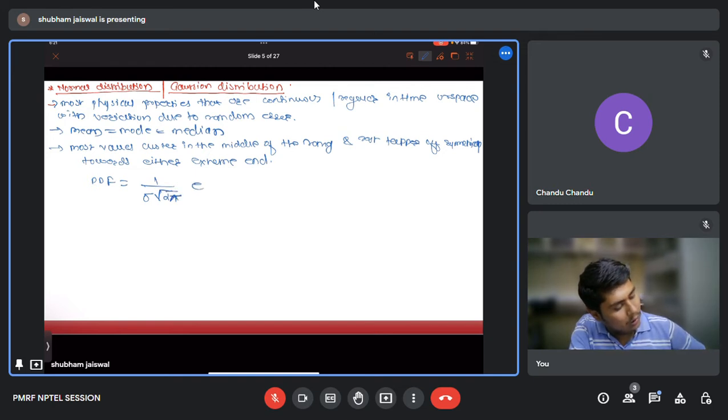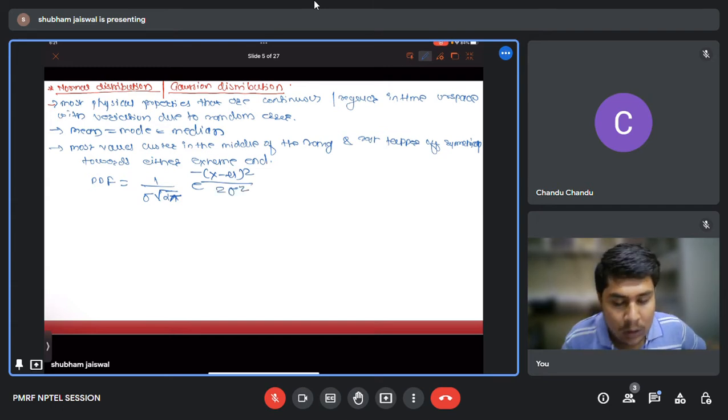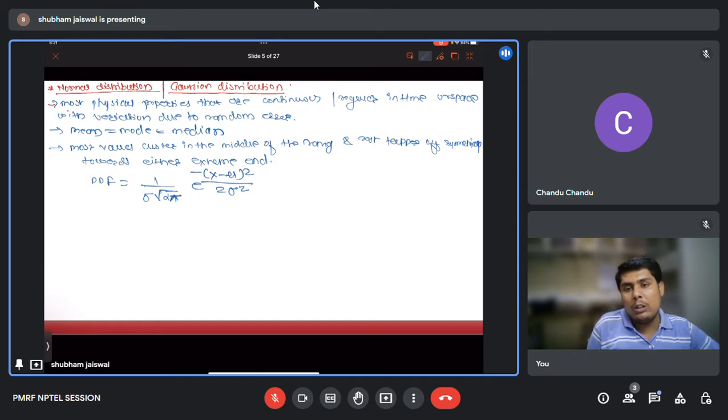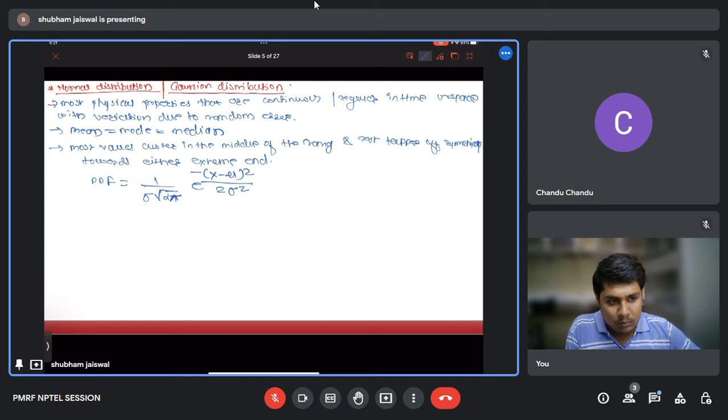So it is the asymptotic distribution. What do you mean by asymptotic distribution? When the value of the variable tends towards infinity, the distance between the line and the curve approaches 0.